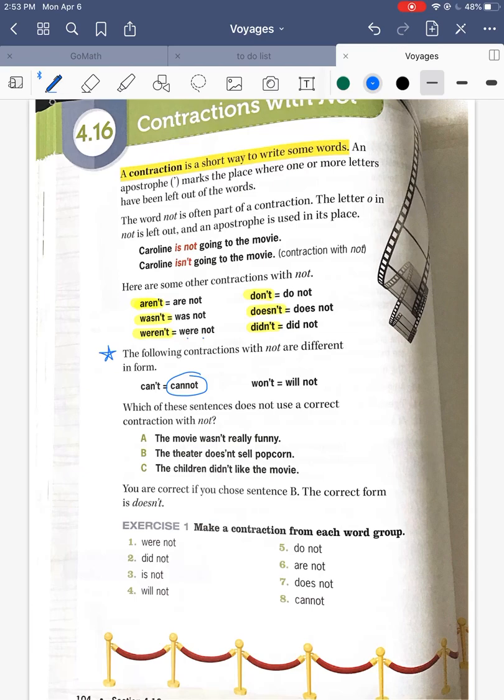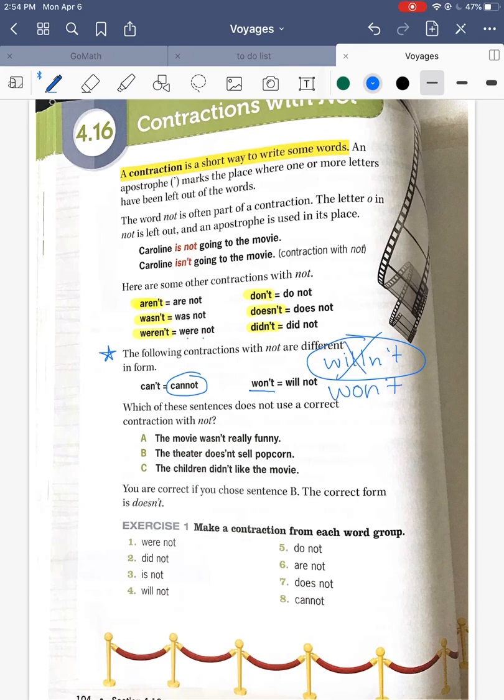And will not, so I will not go to the store, is will not. However, if you're making it a contraction, you're putting will and not together, you put won't instead of willn't. That sounds funny if you say it. Willn't isn't a word. Look at how, if you write it, it doesn't even look like a word. So you don't write willn't, you write won't.